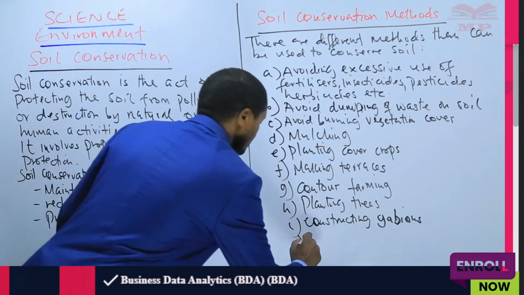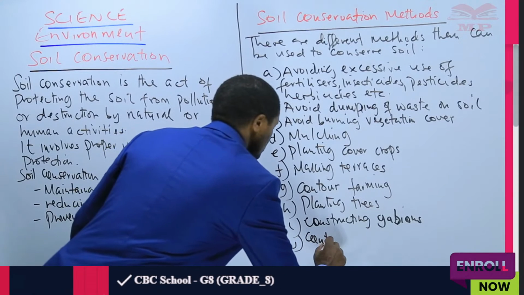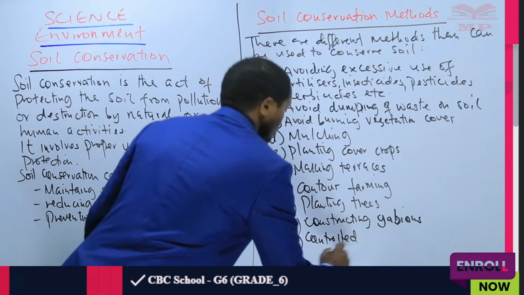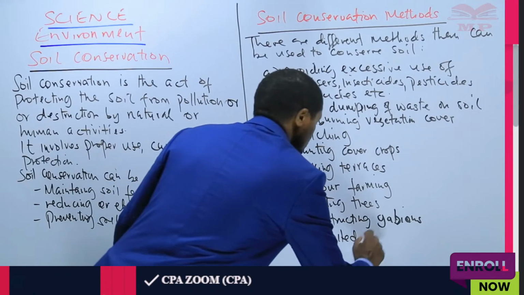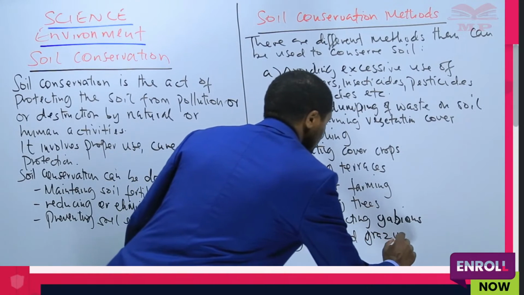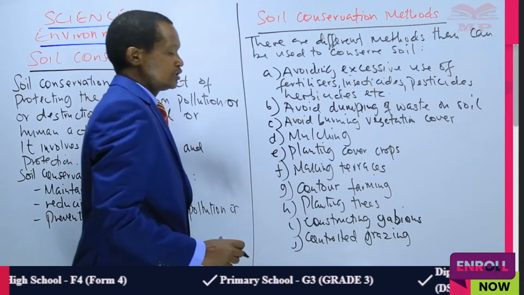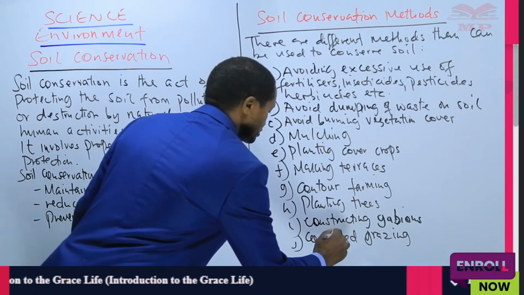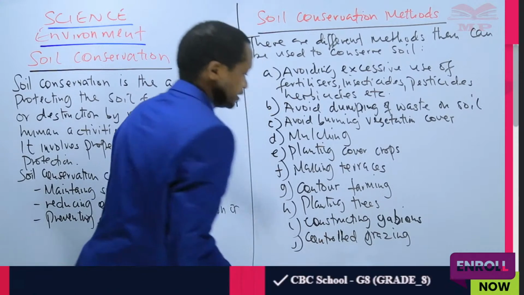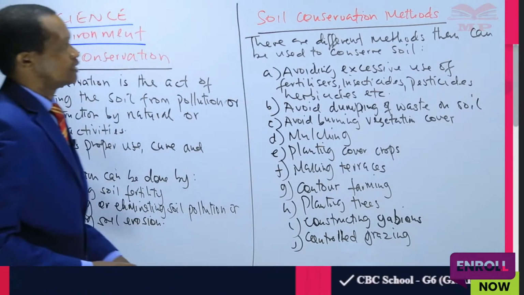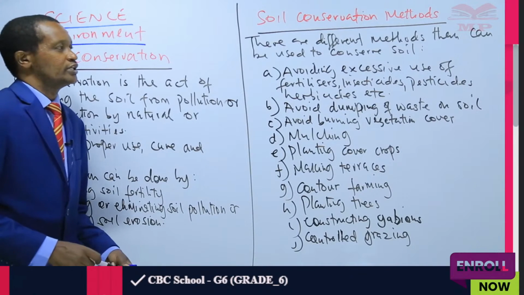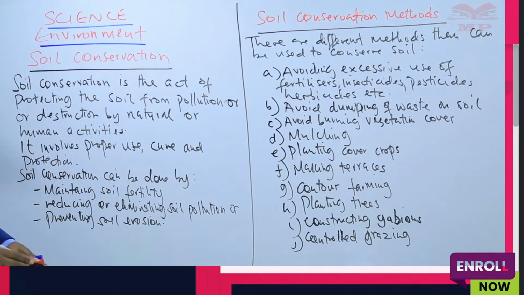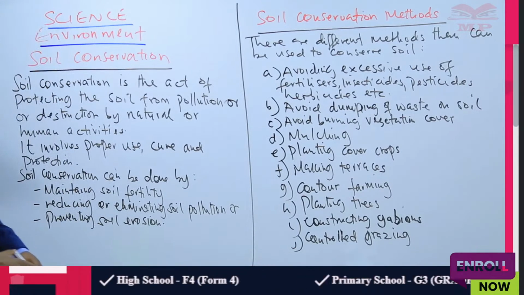So this is controlled grazing. These are some of the methods that we can use to conserve the soil.